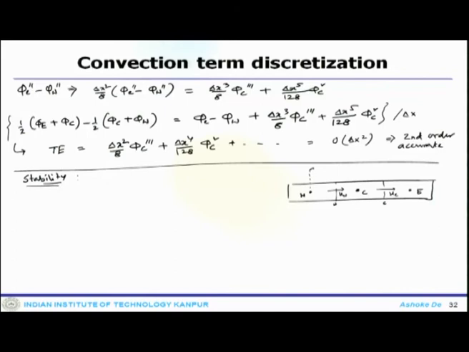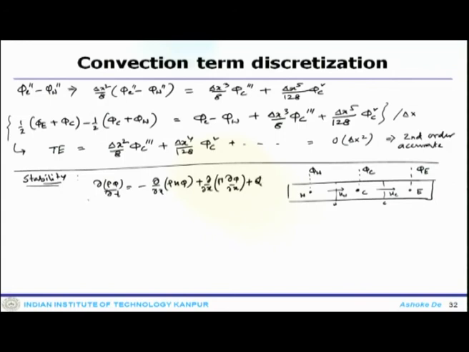Now, the scalar here is phi W, here is phi C, here is phi E. Now, if I look at the change of this term, it is nothing but del x rho u phi plus del x gamma del phi by del x plus source term.